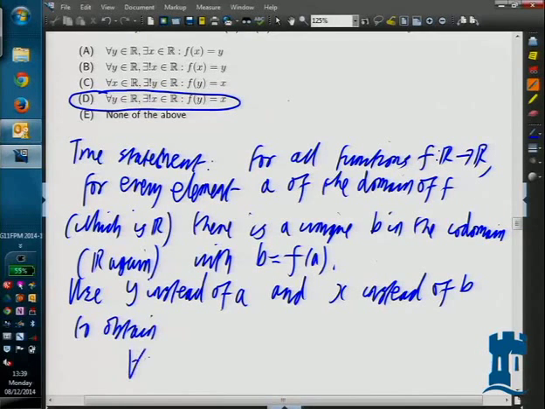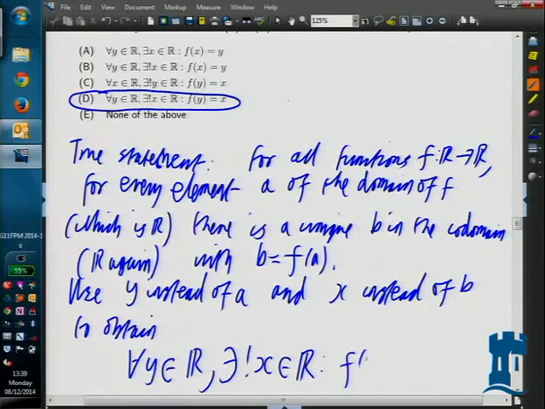So it's for all y in the domain, there exists a unique x in the codomain, which is R again, such that f of y equals x. But you can do it with a and b instead if you like, and you can swap x and y and it becomes another true statement, which is one that probably looks more familiar to you.